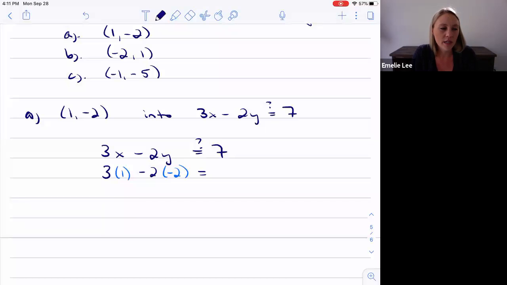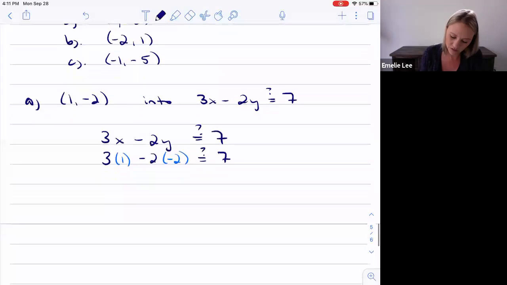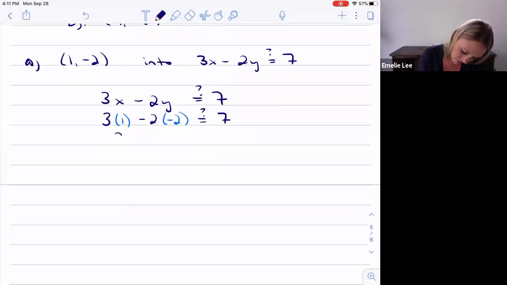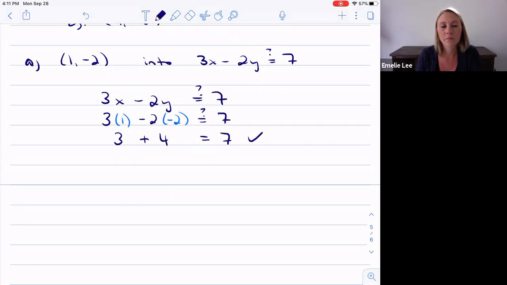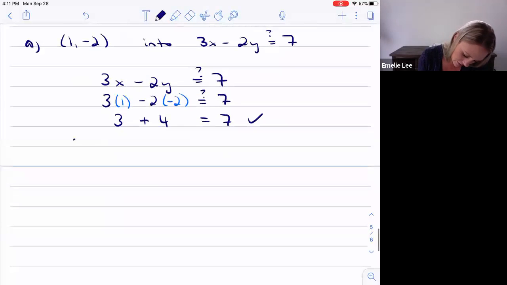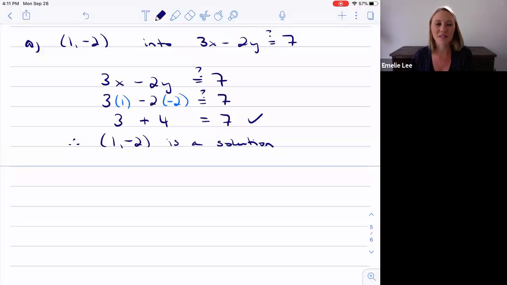If I want to show my work, I can still have the question mark 7. Does it equal 7? Well, negative 2 times negative 2 is plus 4. 3 plus 4 does equal 7. So therefore, 1, negative 2 is a solution, and it satisfies the equation.